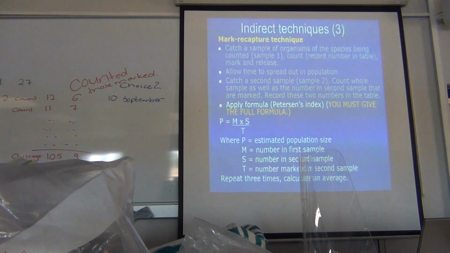Whereas in a direct technique, each individual would be counted. You have to give the other side of the story, because of the way the question was worded. So, is this an elephant or a lion? You say it's an elephant because it has a trunk, and lions do not have trunks.